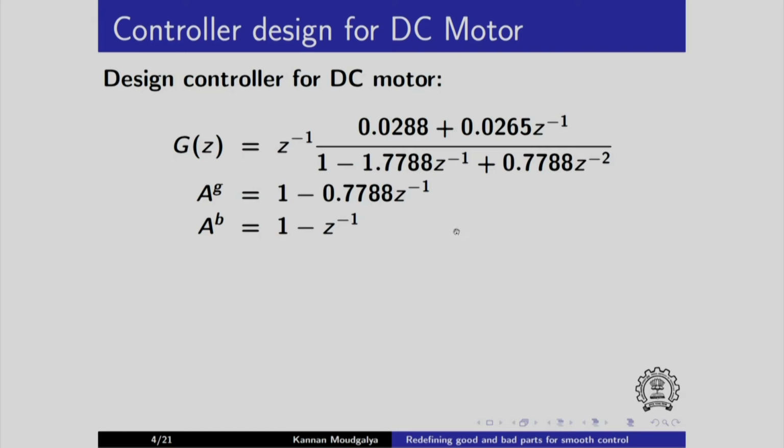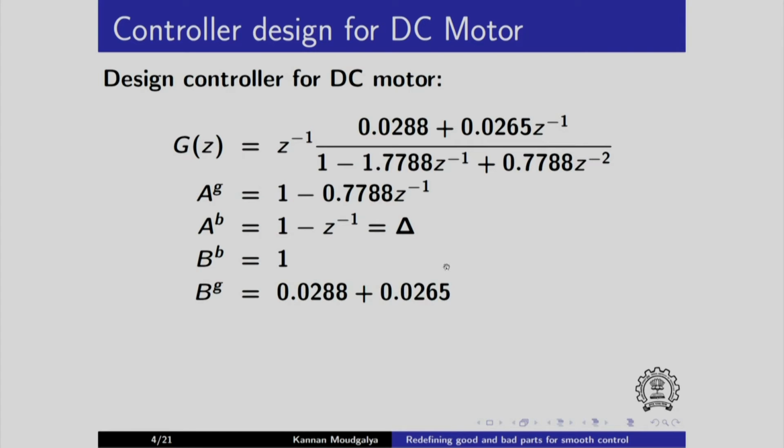We can factor the good and bad parts of the denominator. You can verify that these are good and bad factors, and the denominator already has a delta. As a result, an integral mode is not required in the controller. The plant itself has it.